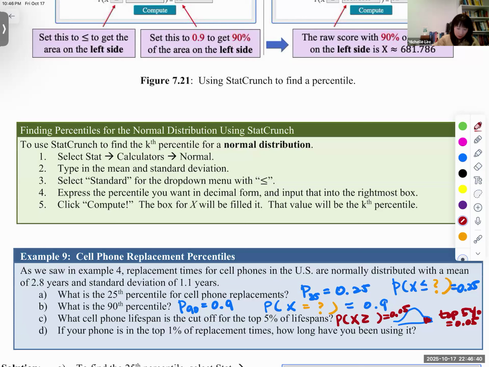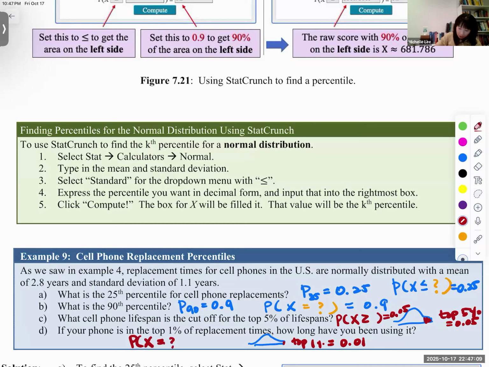Okay, if your phone is in the top 1% of replacement times, how long have you been using it? The top 1% is more tiny, right here, that much. So top 1% means 0.01. Then we are using probability.